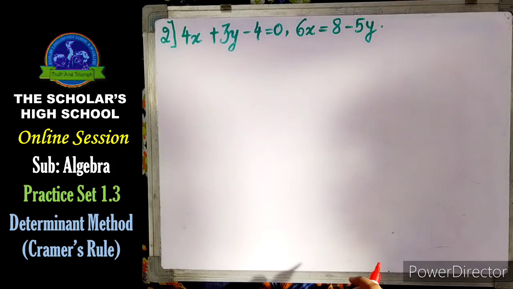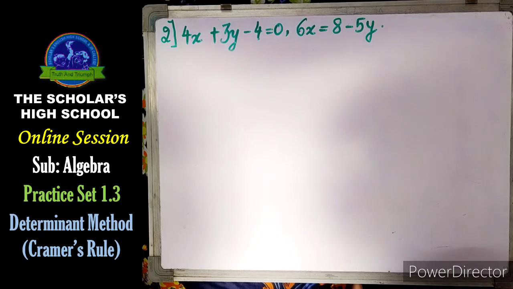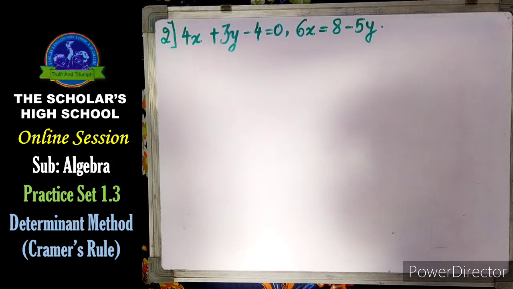Now your second equation is 4x plus 3y minus 4 equal to 0, 6x is equal to 8 minus 5y. So before every equation, whatever equation we are solving, we have to arrange the given particular equation into the standard form. As it is not arranged, your first step will be to arrange it.